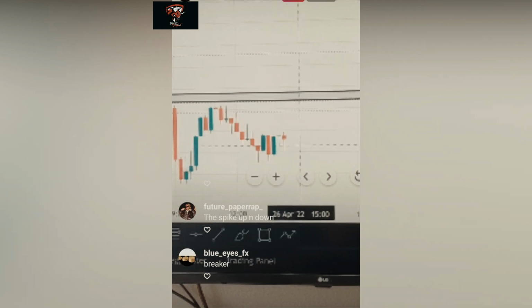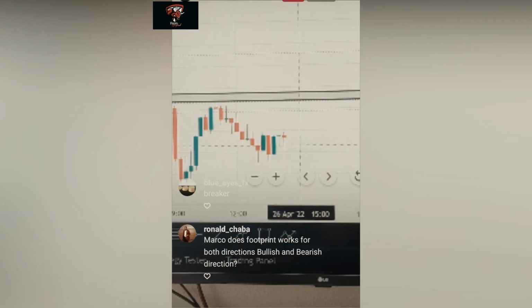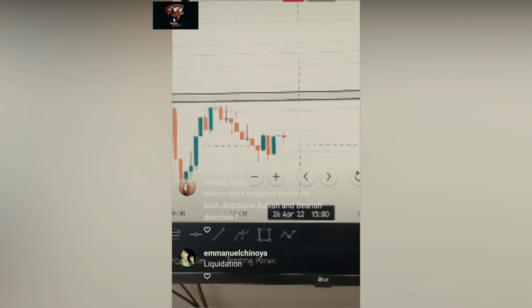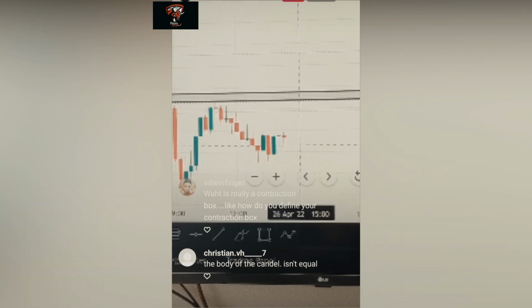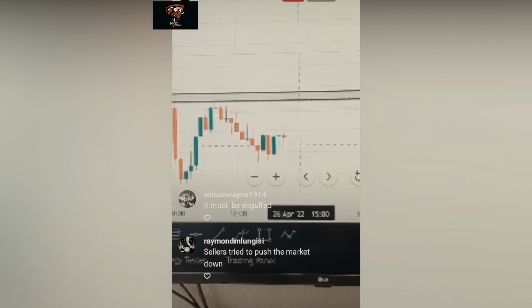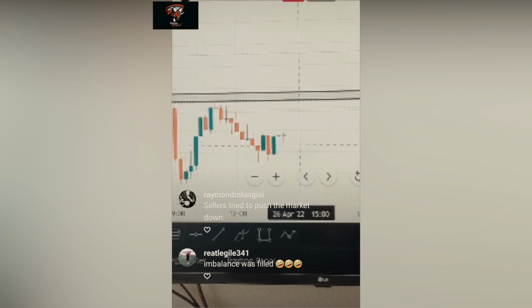No. It is not mitigated. No. The body of the candle isn't equal. No.